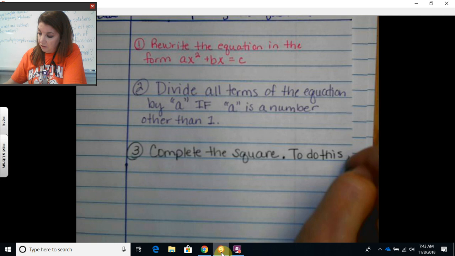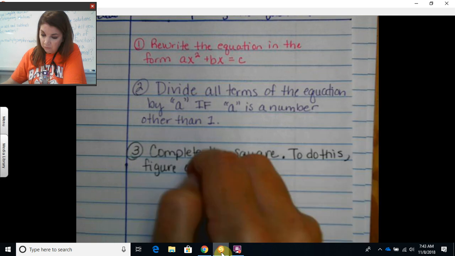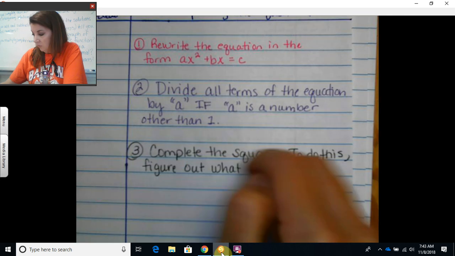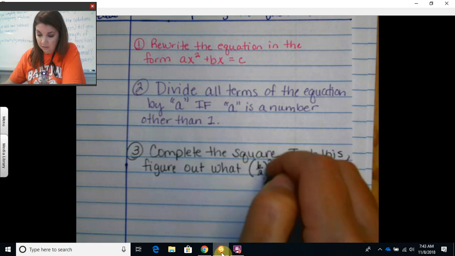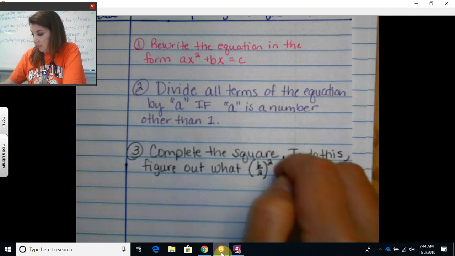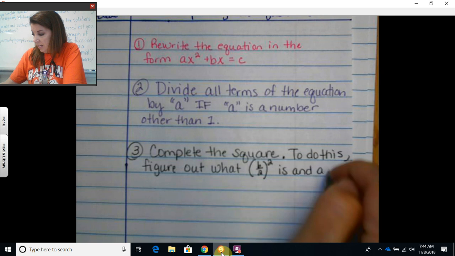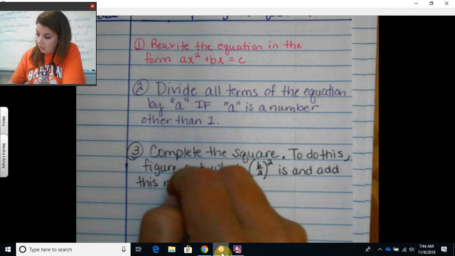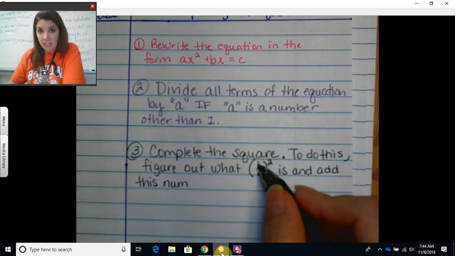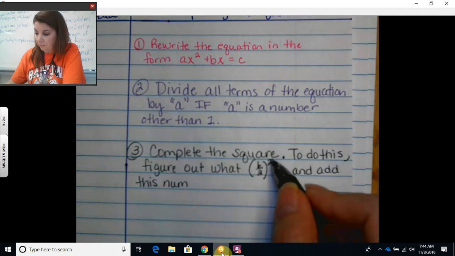figure out what B divided by 2 quantity squared is, and add this number. No, B, like your B term, the coefficient of x, B divided by 2 quantity squared.